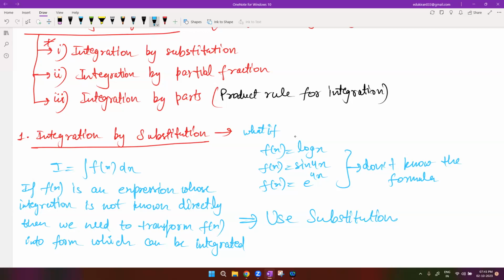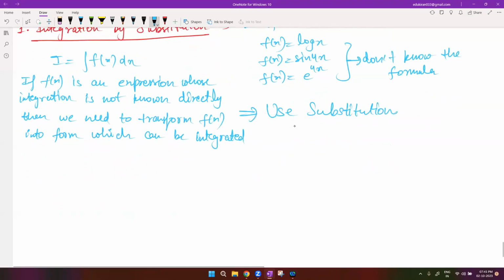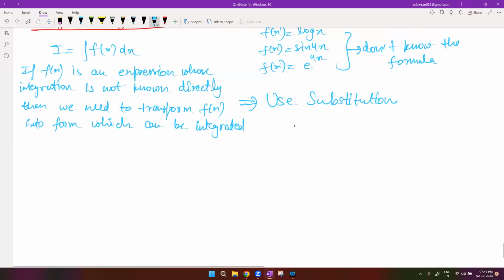Substitution means replace your x with some function g(t). If you replace x with g(t), you're basically changing your variable. Your variable was x, but you're changing it to t now.